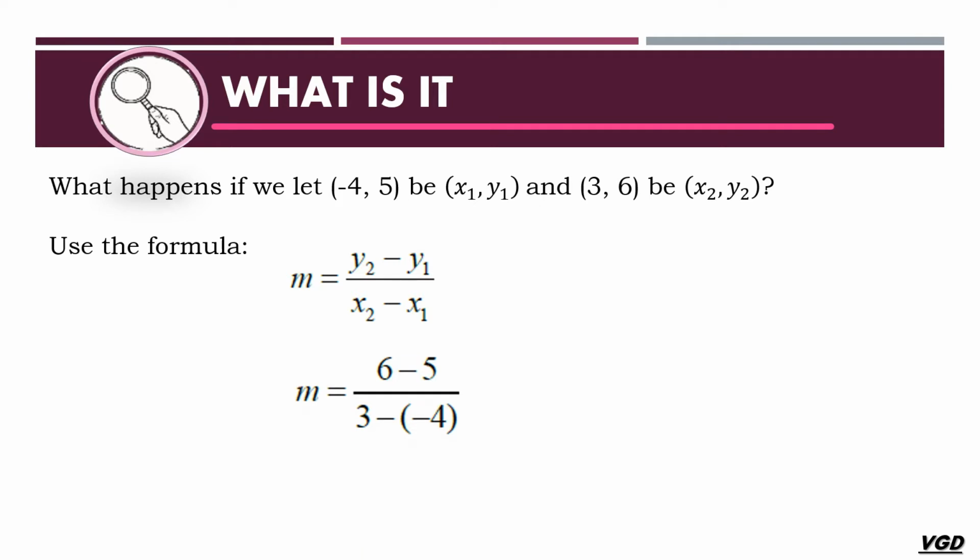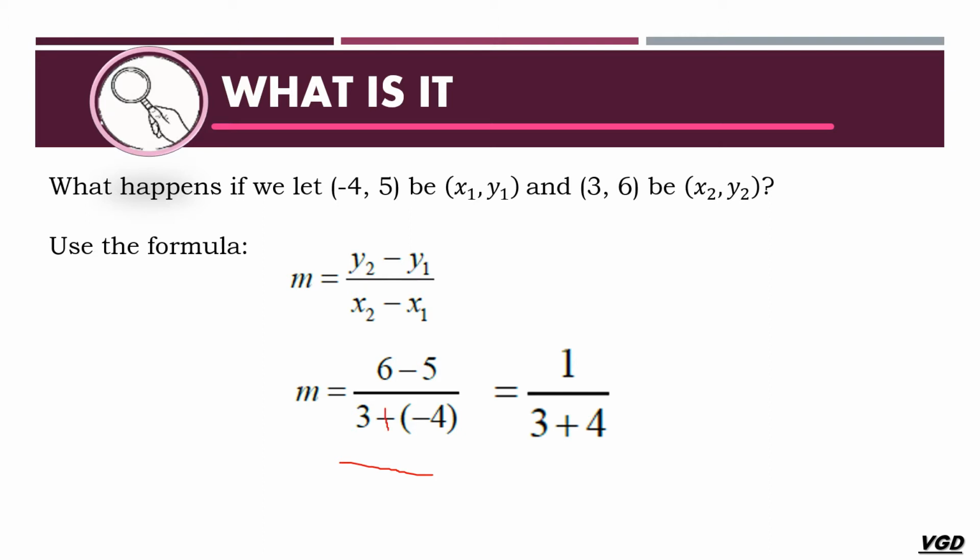So let's substitute 6 as our y sub 2, 5 as our y sub 1, 3 as our x sub 2, and negative 4 as our x sub 1. And now let's simplify. m is equal to 6 minus 5 over 3 minus negative 4, which is equal to 1 over, and take note of the rule in subtracting unlike integers.